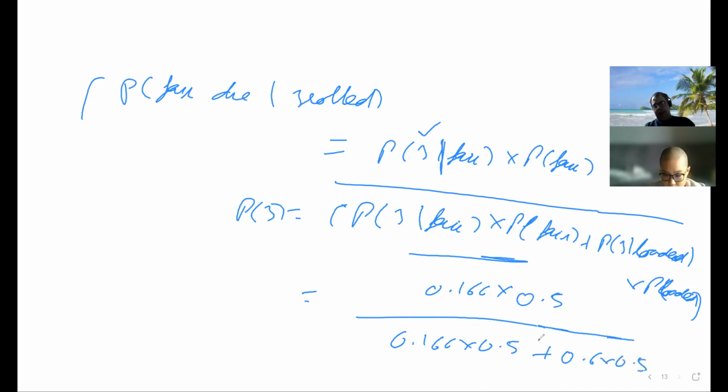So when we calculate this, we get P fair given 3.